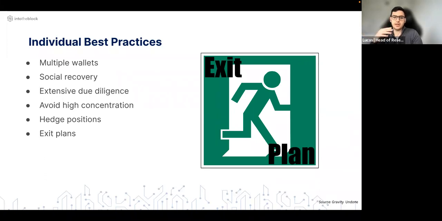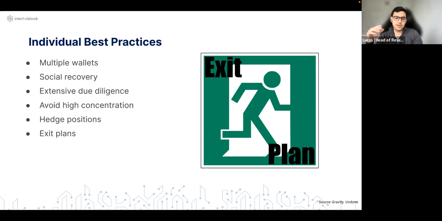There's also a risk with holding your own custody, which is that you lose access to those funds. You forget your password, or you didn't write down your keys properly. So there's this social recovery mechanism that's been getting traction recently.